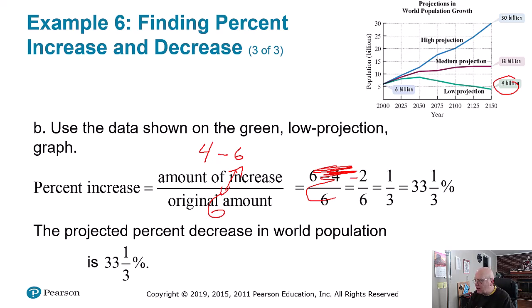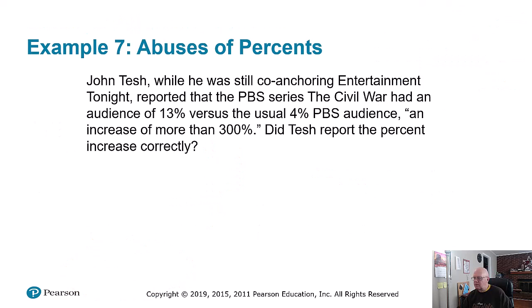I do it this way because I want it done the same all the time, so you can remember it one way and that's it. And the sign out here tells you whether it's an increase or a decrease. Then you change that to a decimal and to a percent and you got your answer. It's a negative 33.33%. So it's a decrease in world population.